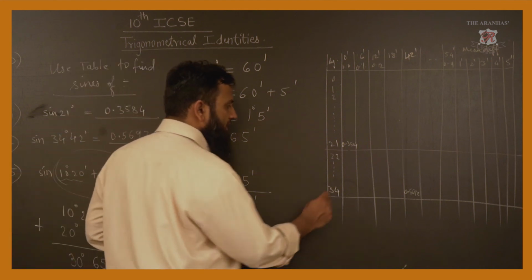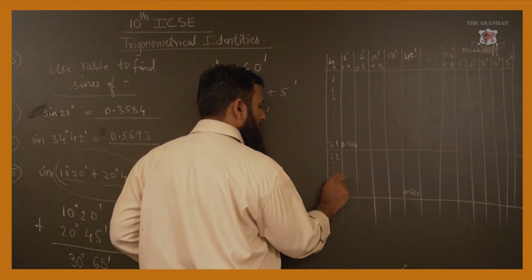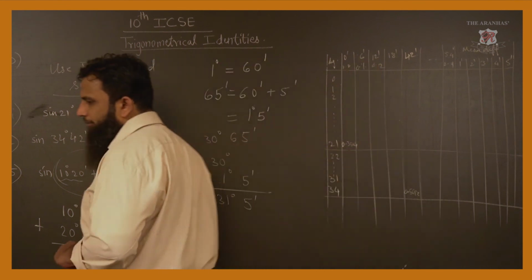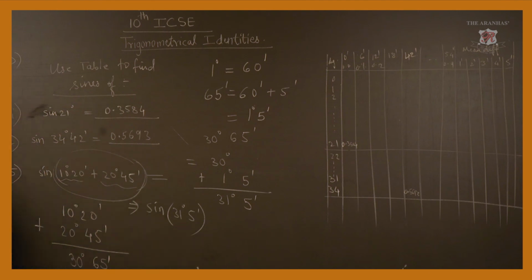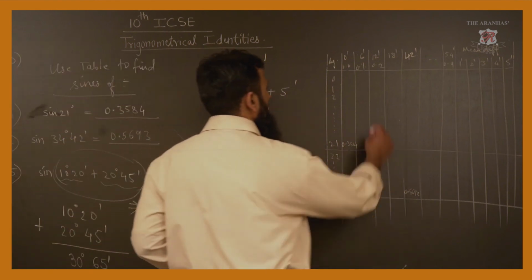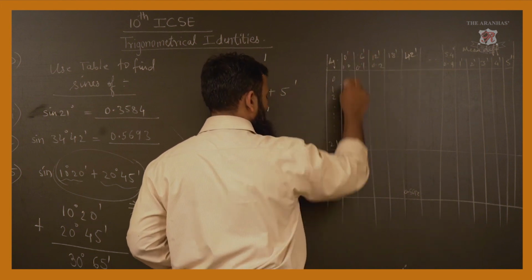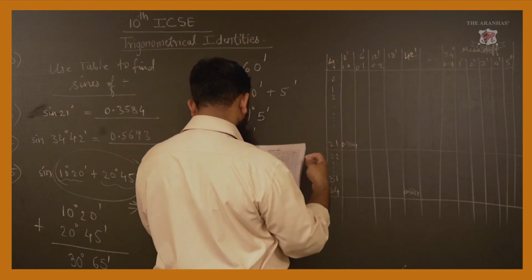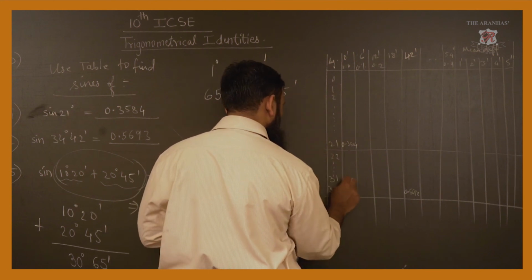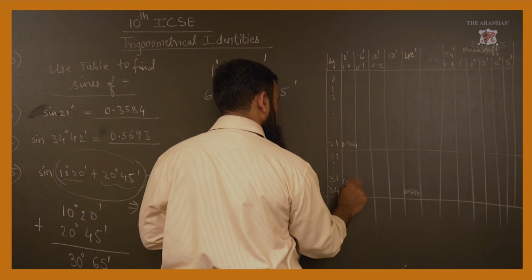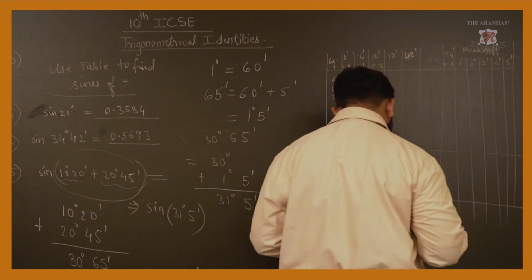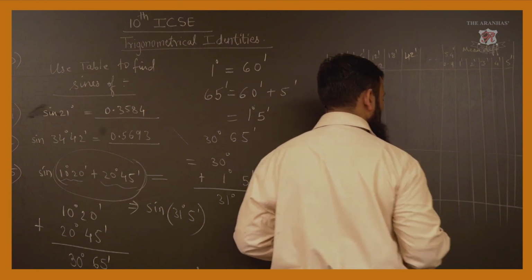Now how will you search this? For degree 31 and 5 minutes, 5 is not available. So I will take 31 degree 0 minute, which is 0.5150, and for 5 minutes the mean difference value is 12.